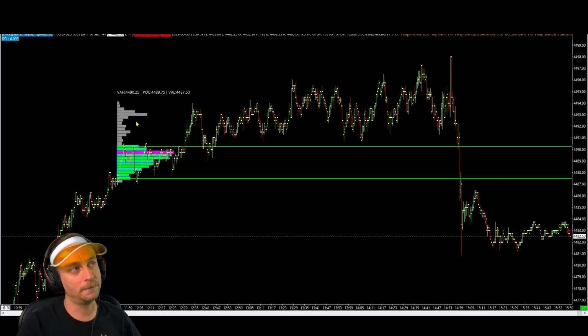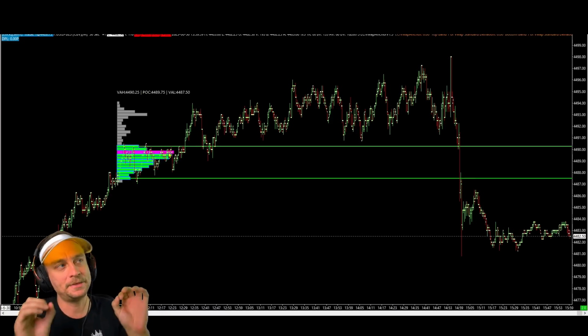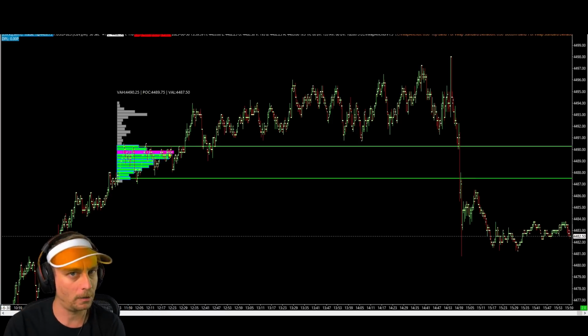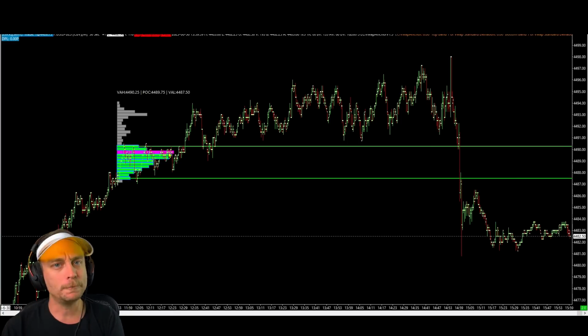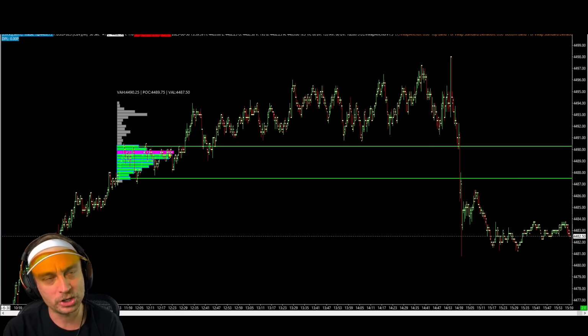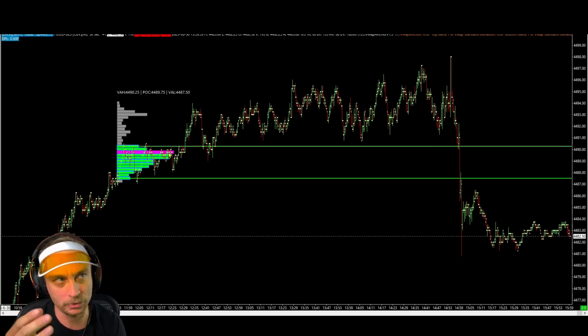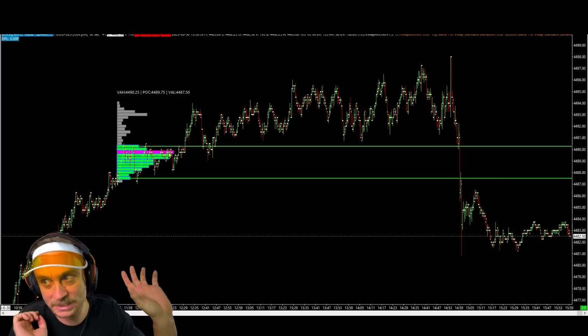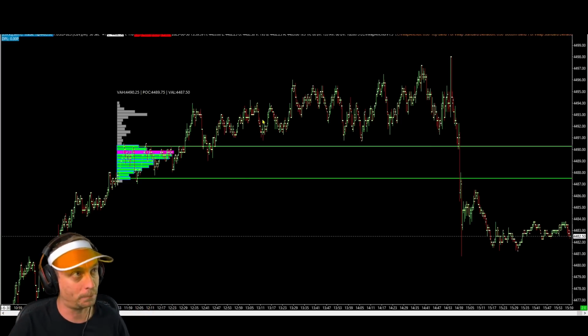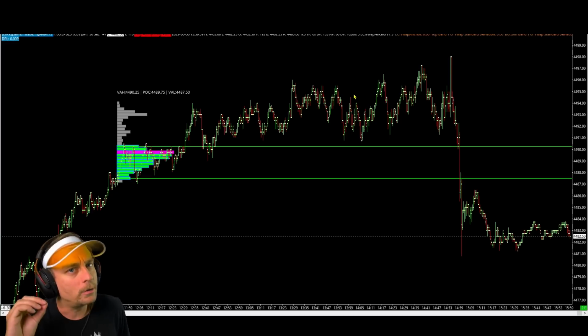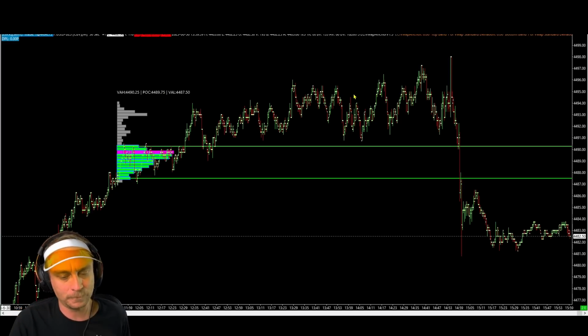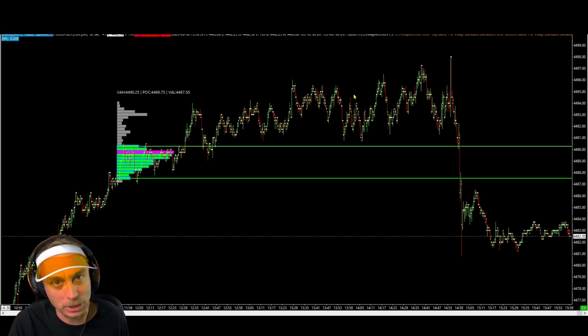Now the volume profile is structured, and it's also magnetic. A lot of traders don't quite understand this: a volume profile alone, without understanding price bars, candles, this price action where the price goes up and down, you're missing half the equation.